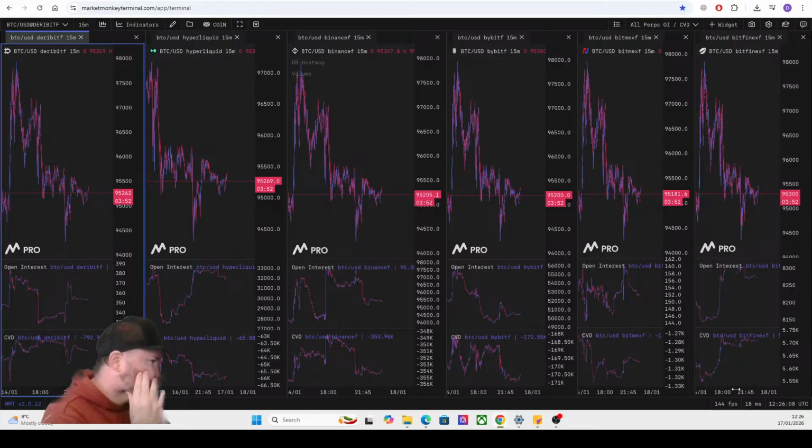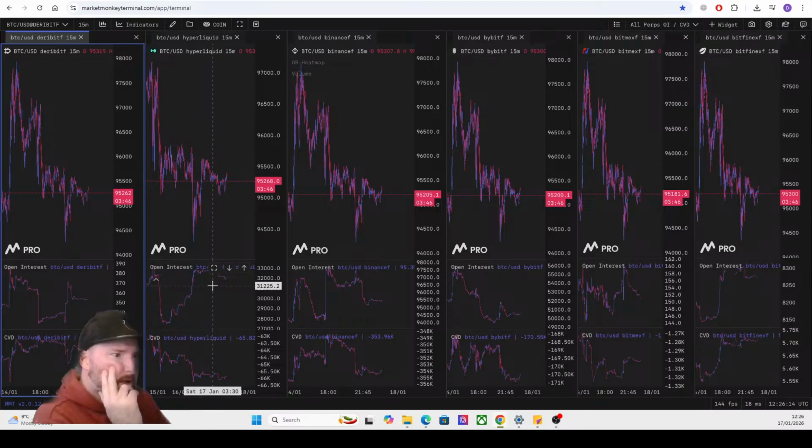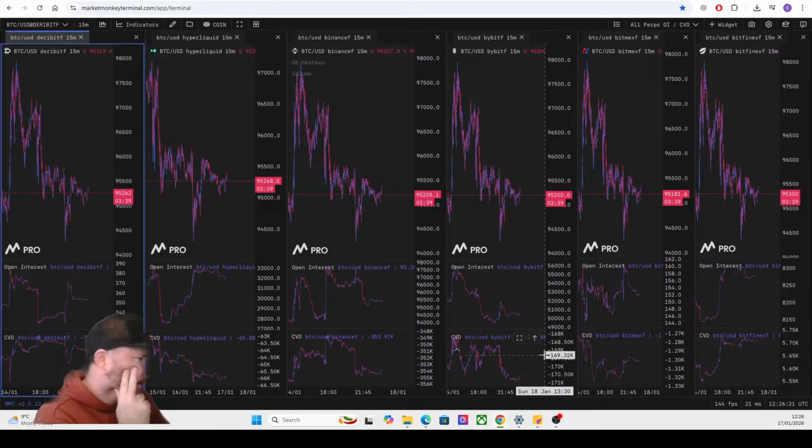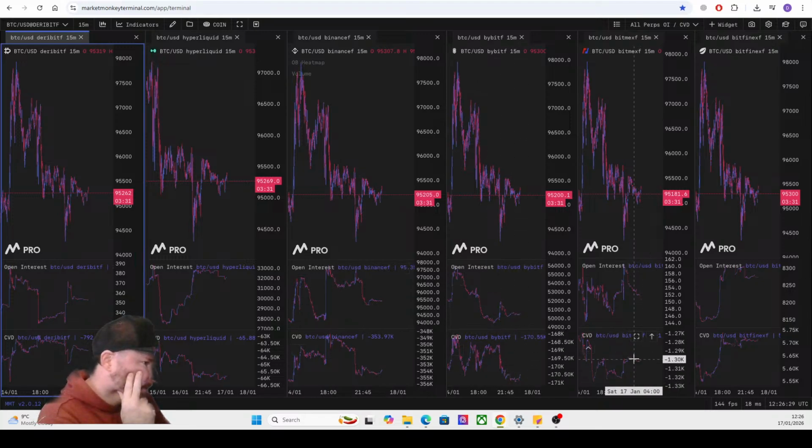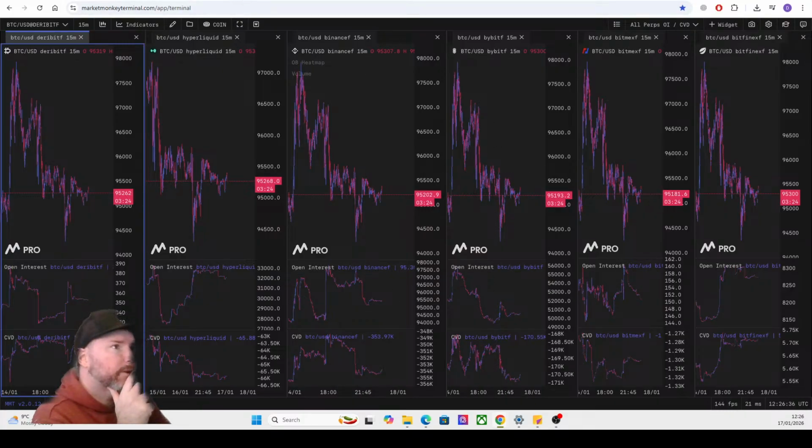BitMEX is selling, a little bit on Bitfinex. Yeah, longs are closing out, not much shorts. OI up or CVD up, or flat. Yeah, BitMEX of all exchanges, a little bit of selling, mainly longs closing at the moment.